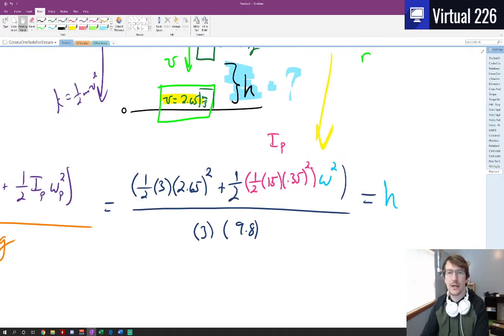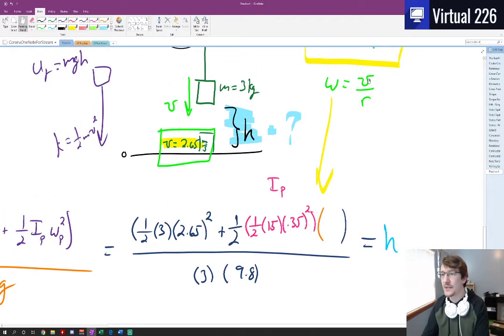So let's get rid of this omega squared, and let's put in the v over r, and we'll make sure we square that. So our v here is 2.65 over the r of 0.35, and then don't forget to square that quantity. So this quantity is squared, and that bookends our entire numerator. Okay, and that will equal h.